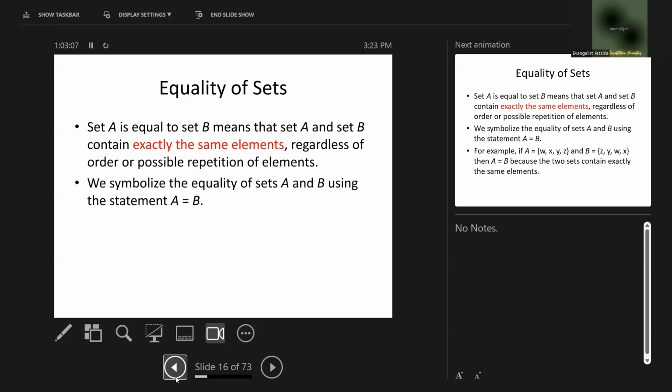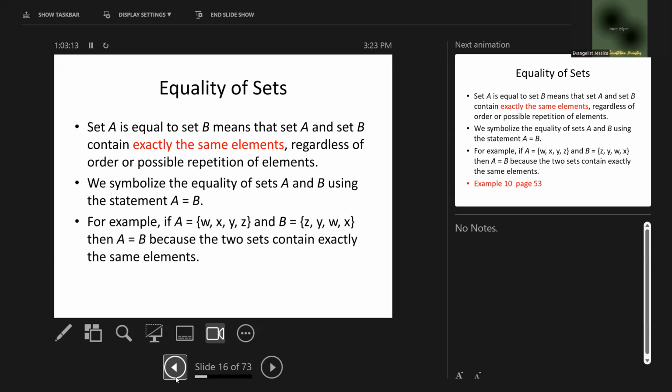When two sets are equal, we write A equals B. For example, set A, and notice again I put the braces, has the letters W, X, Y, and Z. Set B has Z, Y, W, and X. We can say A and B are equal because they have exactly the same elements. Even if set B had Z, Y, W, X, and another Z, there was a repetition, still they are the same because the members are the same.